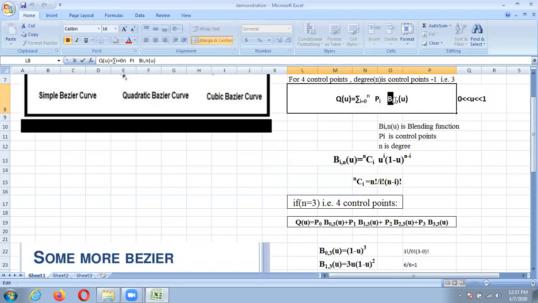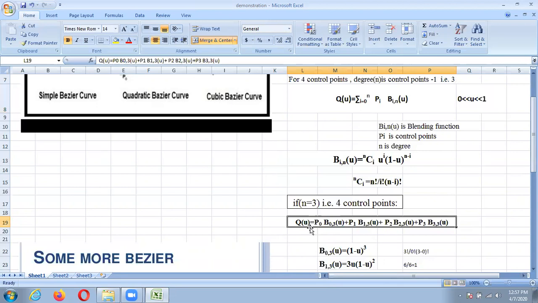After removing the summation sign, we put i as 0 at first and n as 3. We get p0 b0 comma 3 of u, then i becomes 1, so p1 into b1 comma 3 of u, then i becomes 2, so p2 into b2 comma 3 of u, plus at last i becomes 3, so p3 into b3 comma 3 of u.